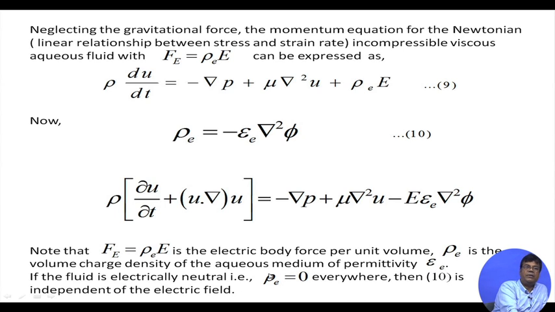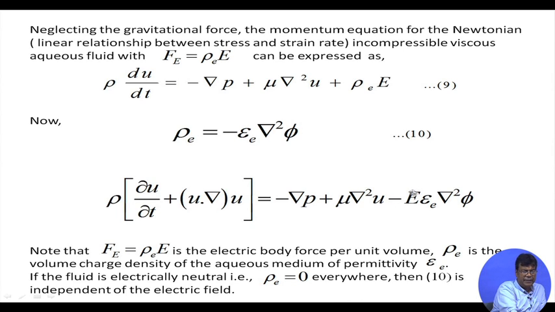Now, if you have a situation where rho e is 0 everywhere within the fluid medium, this is nothing but the equation of motion of an incompressible Newtonian fluid. Another assumption we have made is that this is a Newtonian fluid, that means there is a linear relation between the stress and strain rate. So, we have now developed the governing equation for the fluid in an aqueous or ionized fluid.